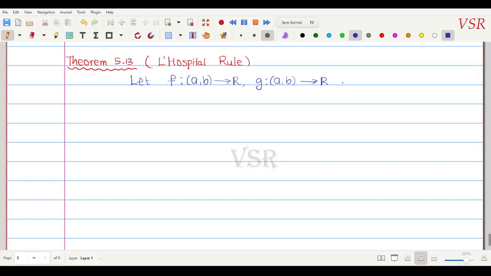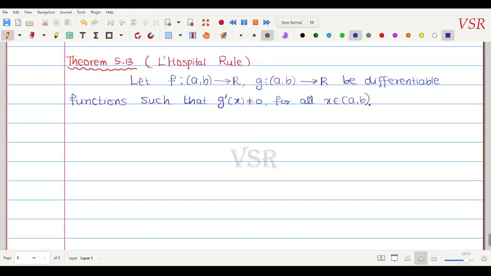Both are differentiable functions, such that g'(x) is not equal to 0 for all x belonging to the open interval (a, b).